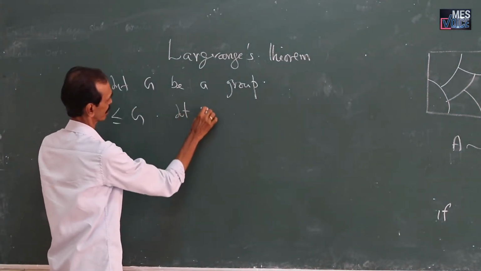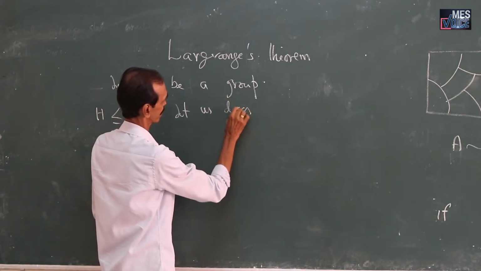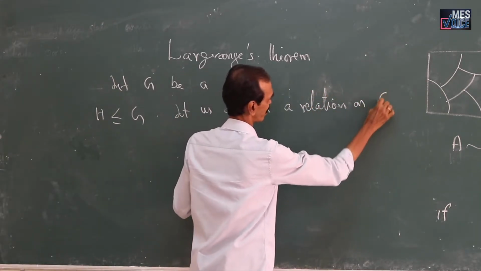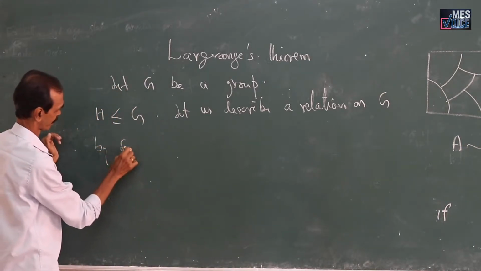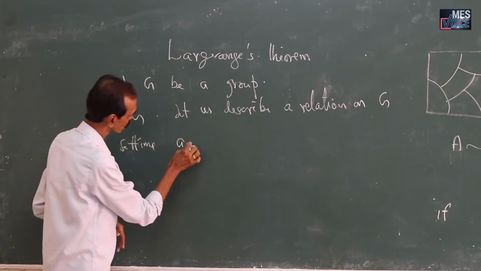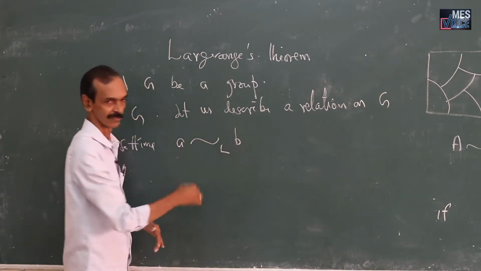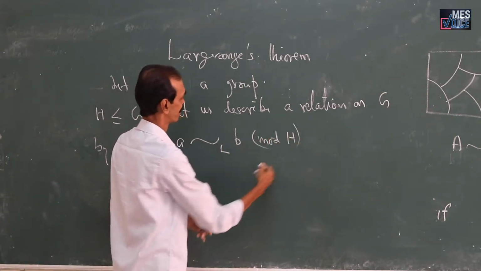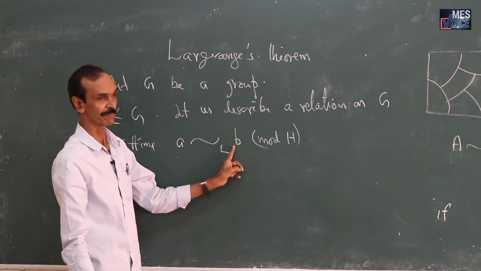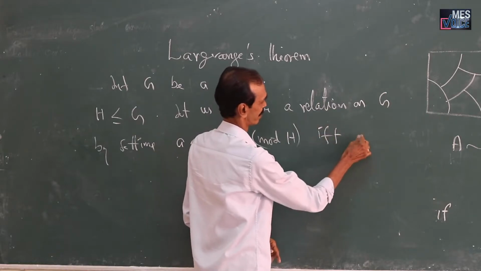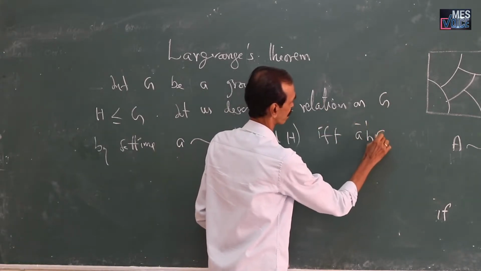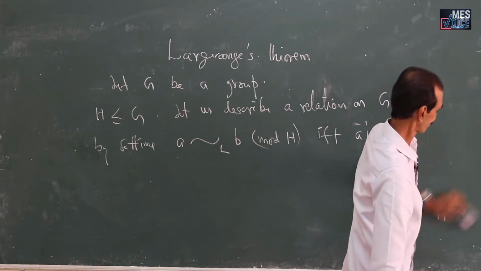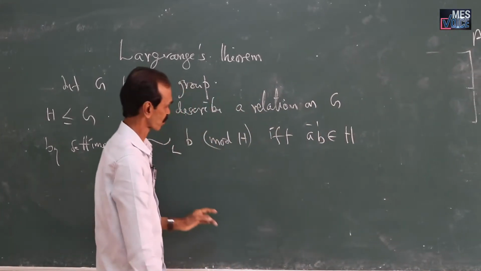Let us describe a relation on G by setting A is left congruent to B mod H. You can read it as A is left congruent to B mod H if and only if A inverse B belongs to H.